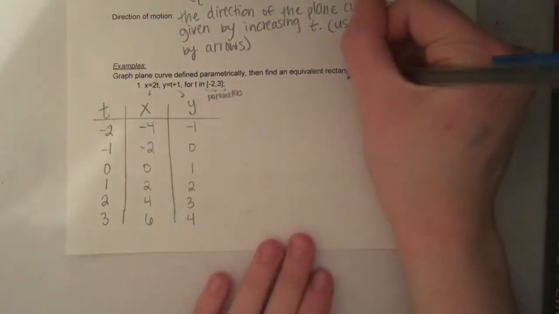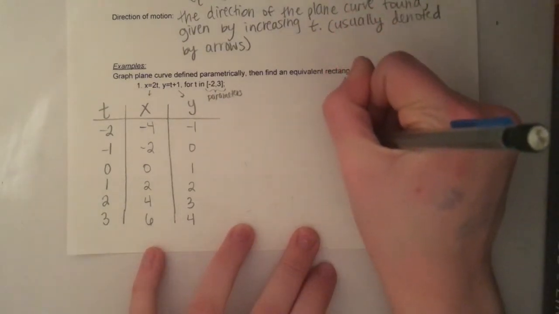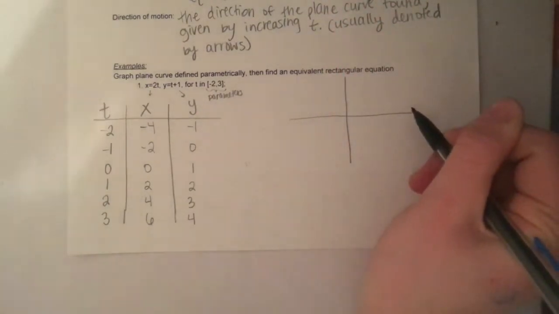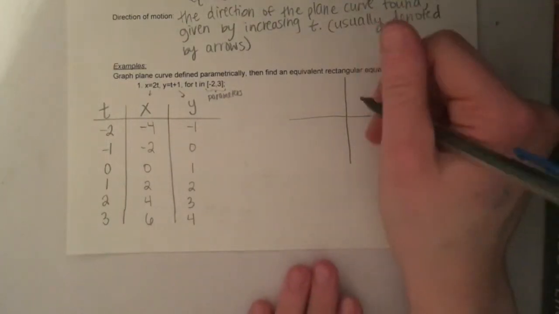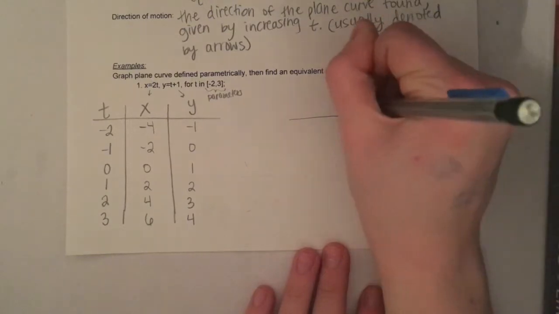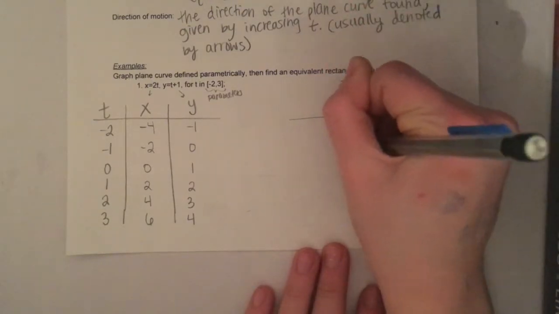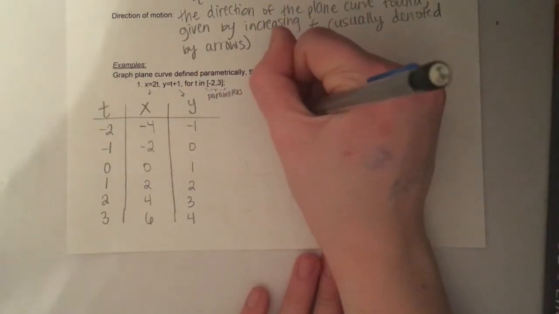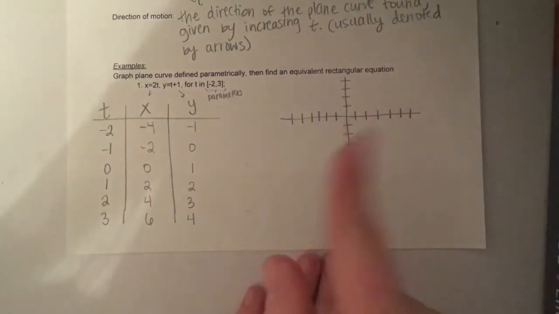So now we have all our points. And now we can go ahead and graph. So we can just make our graph right here. I'm going to do my best to make it look even, but I make no promises, okay? Yes, I know it took a little while on that, but I think it was worth it, right? Okay.